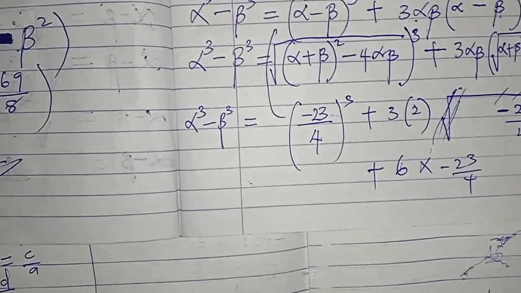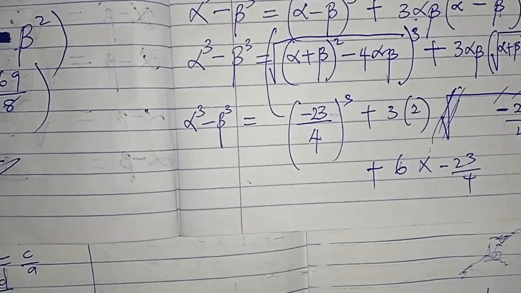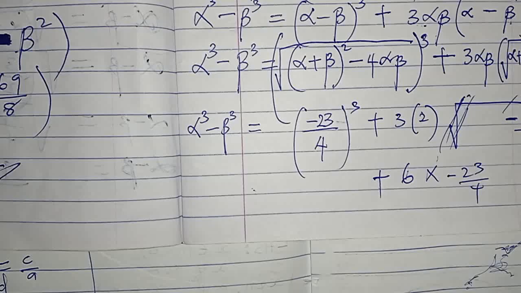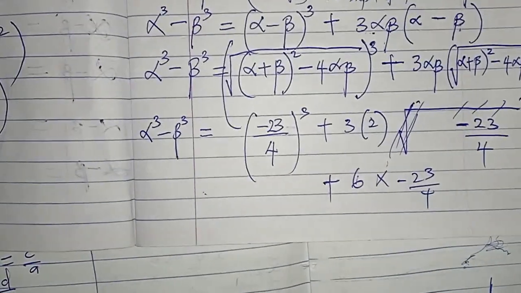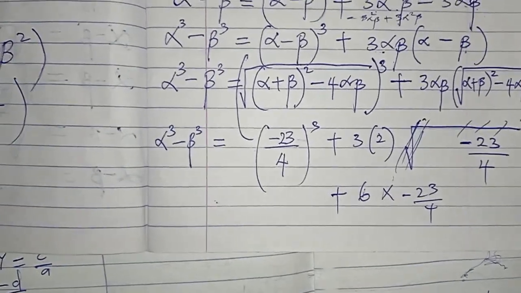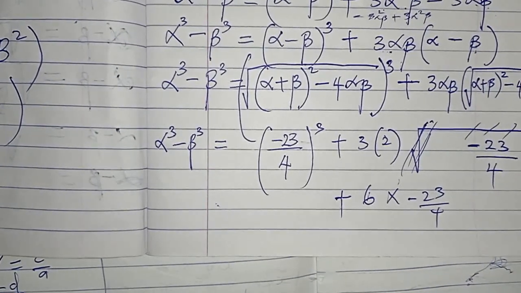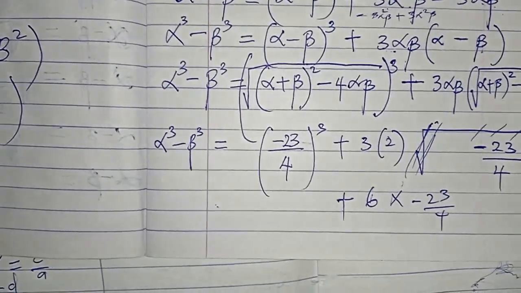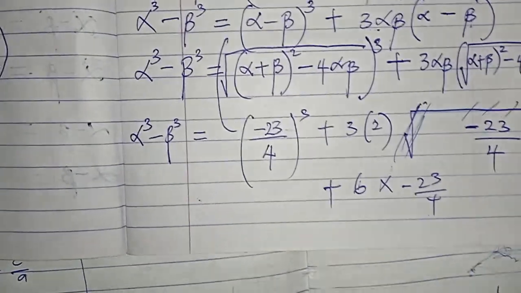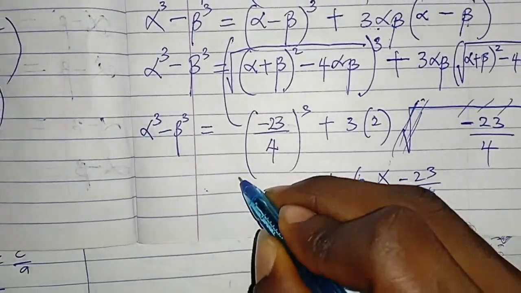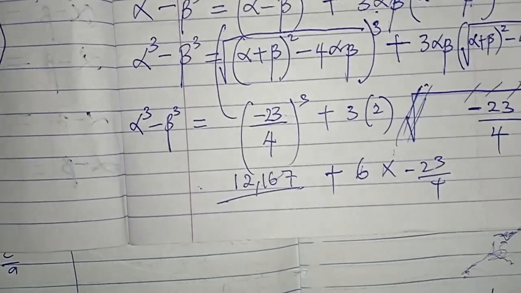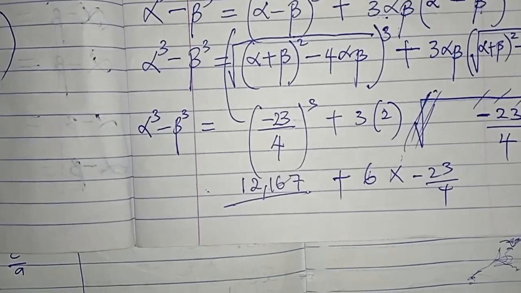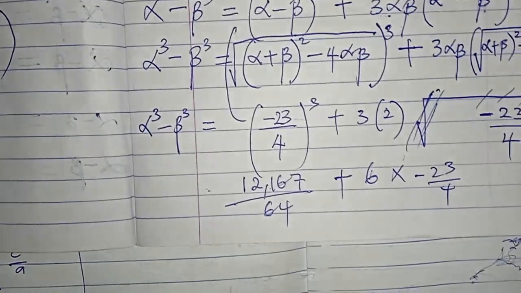Let's try to do this. That's a handful. Some people sometimes try to do a lot of abbreviations on this particular one. You have to go all out. So 23 times 23 times 23, you get 12,167 all over 4 times 4 times 4, which is 64.